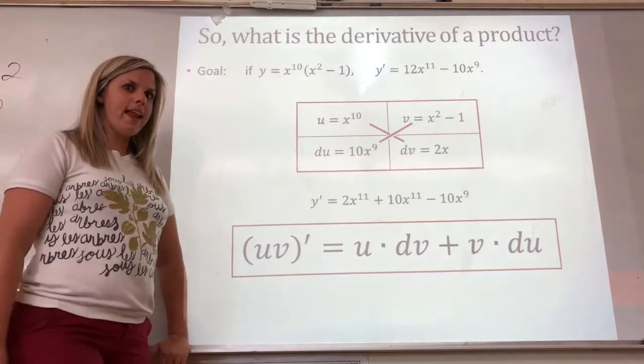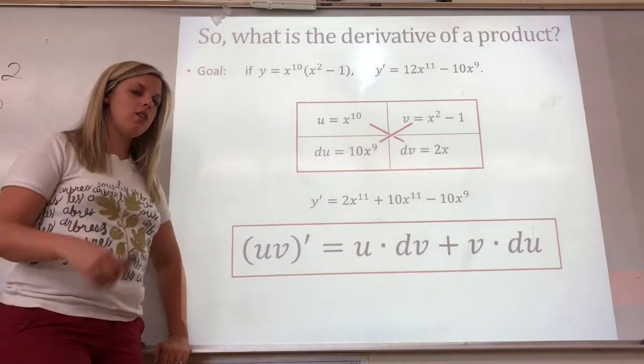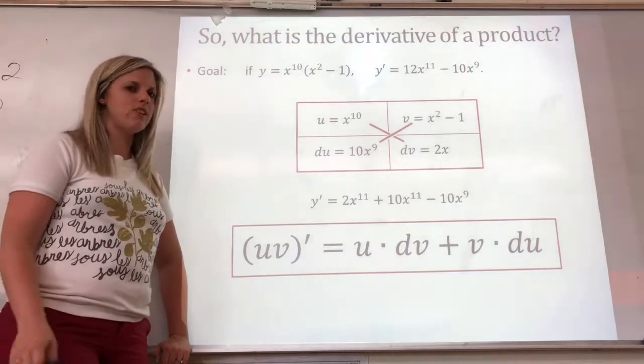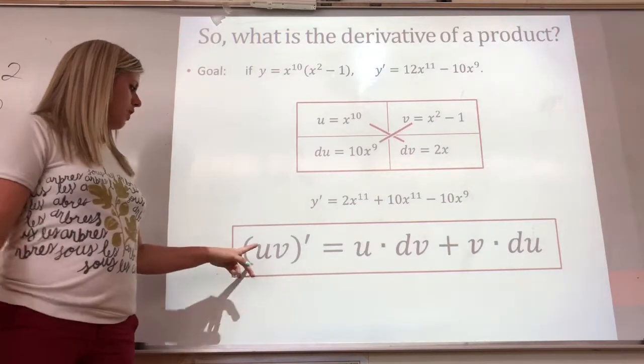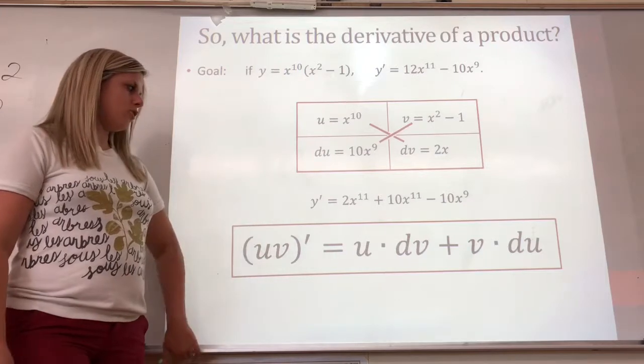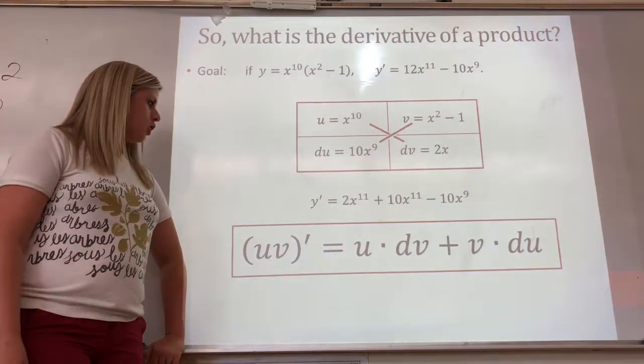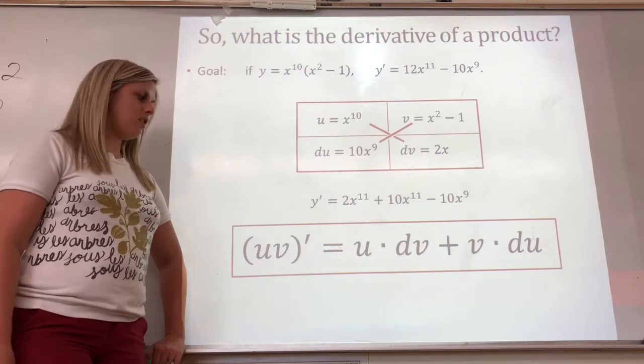Okay, you're going to say it out loud. I'm going to say it, and then you're going to repeat it. Well, also, I'll just say it twice, basically. Okay, the derivative of, so let's say, uv prime is u dv plus v du. uv prime is u dv plus v du.